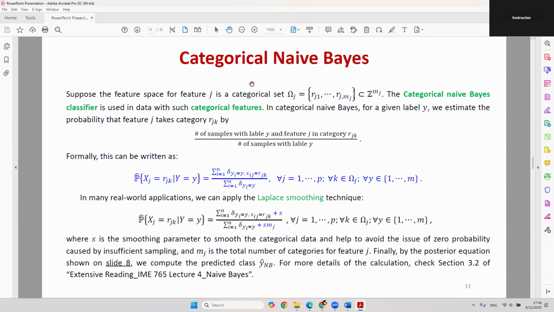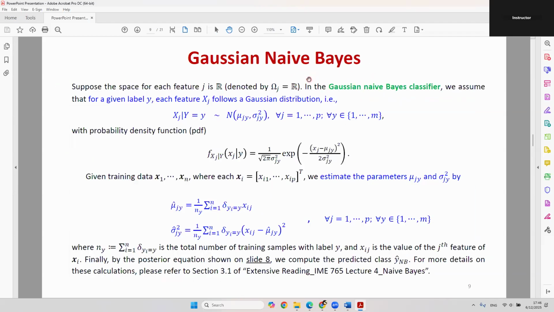Gender is a feature space, for example male, female, and then suppose your final grade, which is A, B, C, D, is another feature space. Then we can use all those to label something, and then we can apply categorical naive Bayes. Each feature space is a categorical set, meaning that they're discrete. The previous one is continuous.